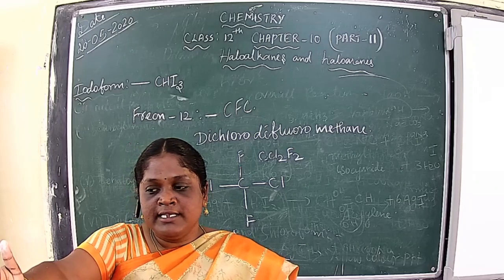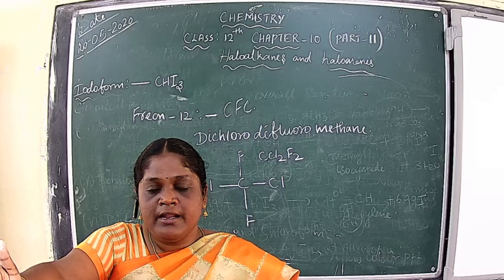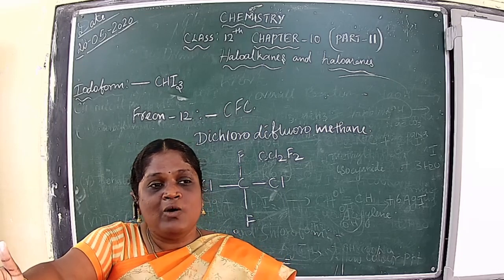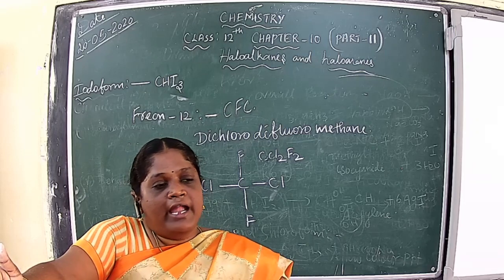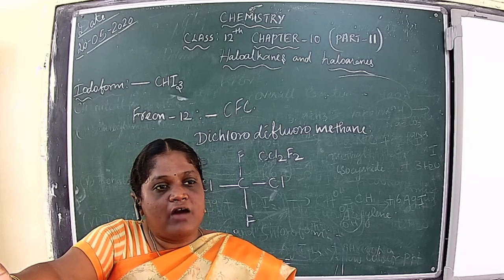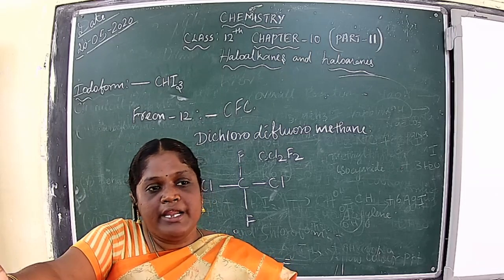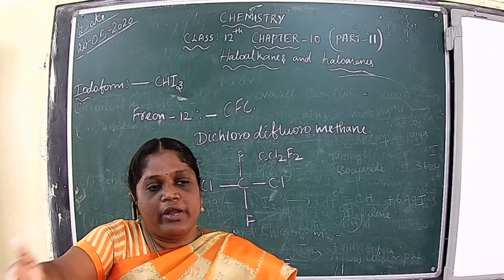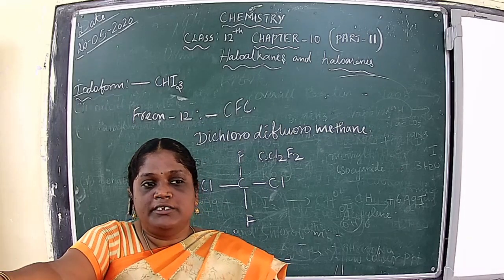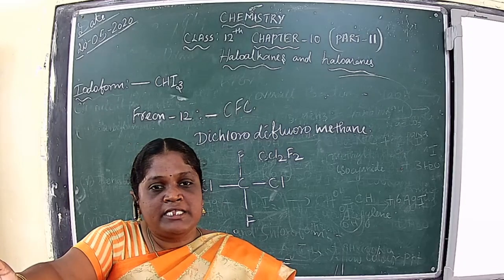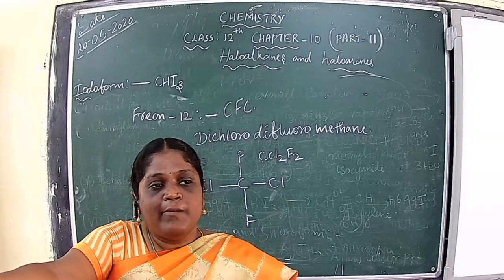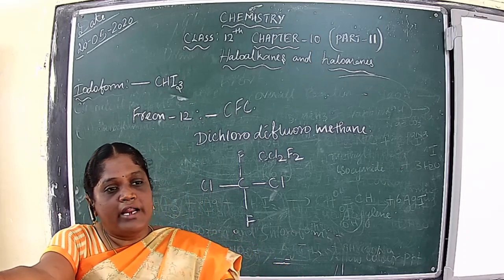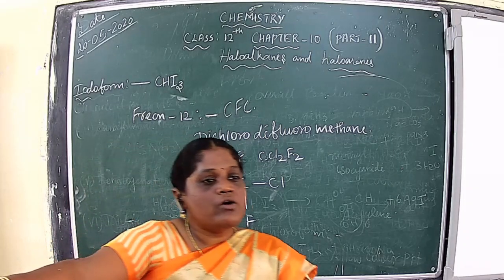So we have completed haloalkanes. In the next class we have to see haloarenes: nomenclature, then the preparation of haloarenes, and after that the chemical properties and the compounds of haloarenes.